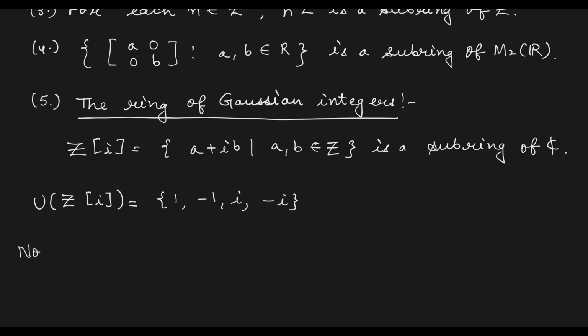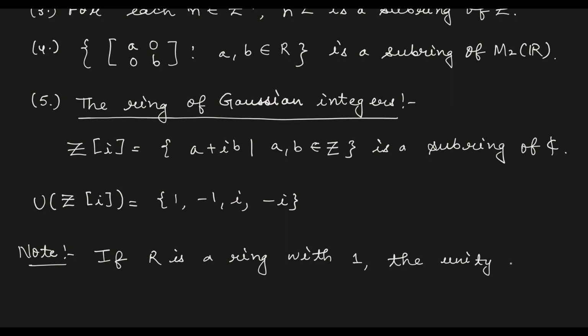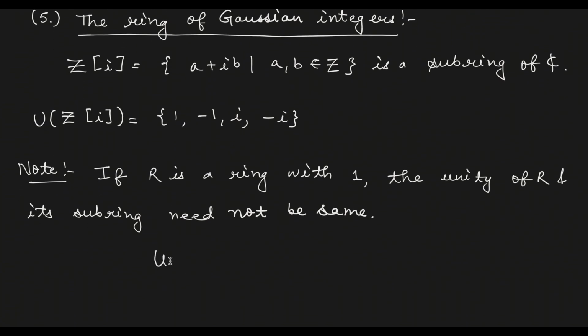Note, if R is a ring with unity, the unity of R and its subring need not be the same. Means, if R is a ring with unity 1, then the unity of R may not be the same as the unity of subring S.